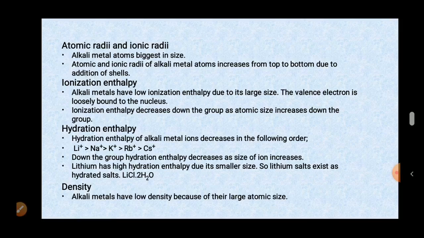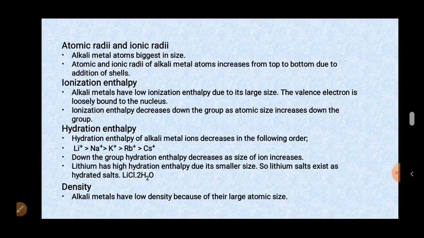Now we'll apply the atomic radii or ionic radii concept to alkali metals. In general, alkali metal atoms are biggest in size compared to other elements present in the periodic table, like P block, F block and D block.